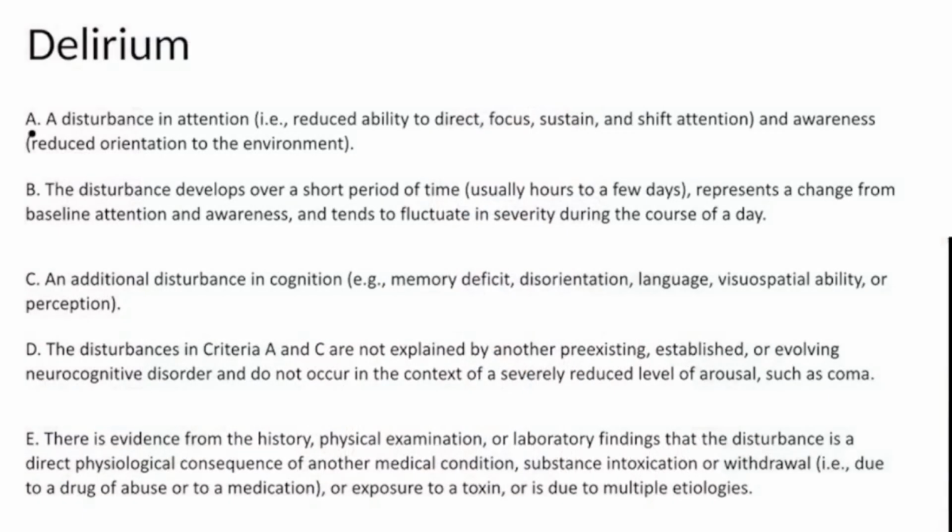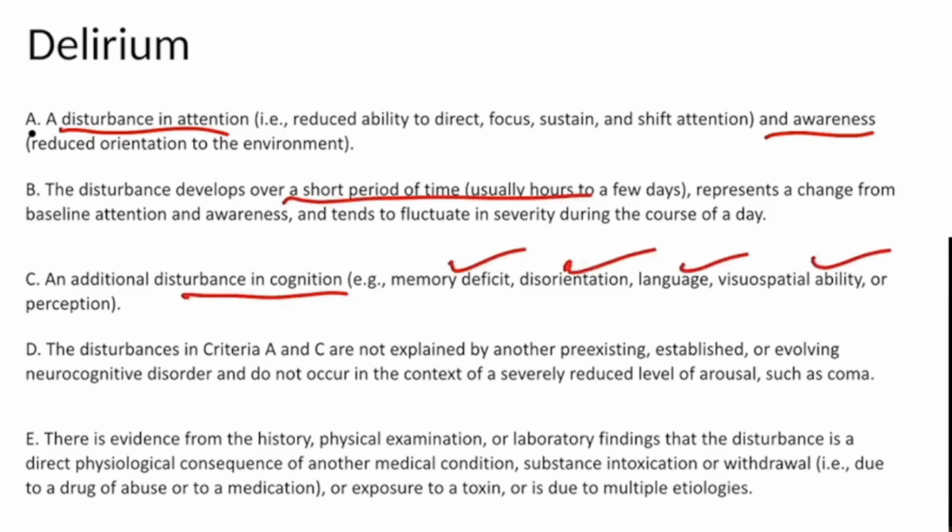And let me summarize delirium as per the DSM. A, disturbance in attention and awareness over a short period, with an additional disturbance in cognition like memory, disorientation, language, visuospatial ability, or perception.